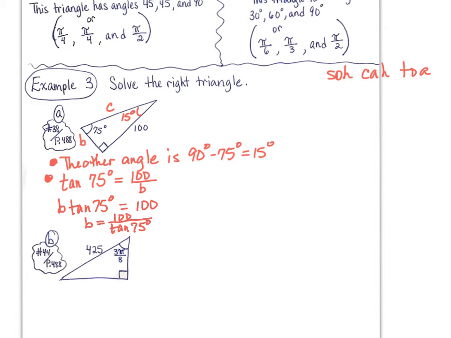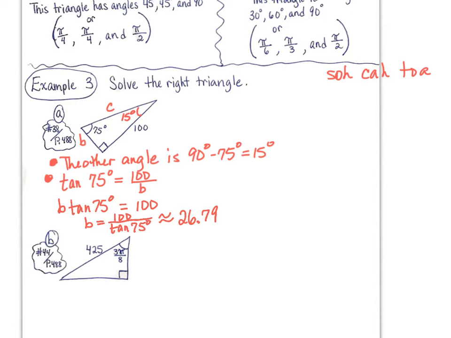Make sure your calculators are in degrees. What is this to the nearest hundredth? So 2 decimal places out. So you get 26.79.